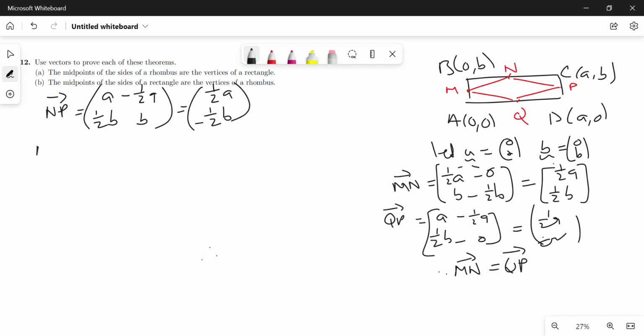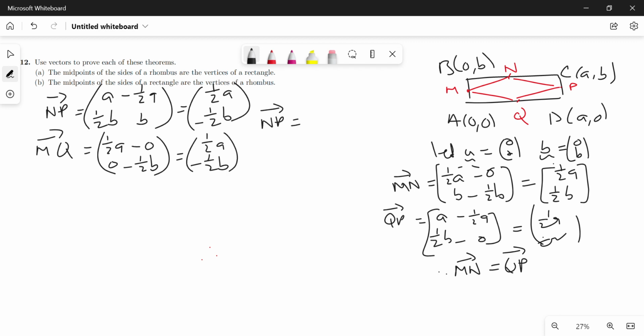And MQ should be the same vector. So we've got (half a, 0) and we're minusing (0, half b), so we do get (half a, negative half b). Again, these two, NP equals MQ, so they're also parallel, the same direction, same length.